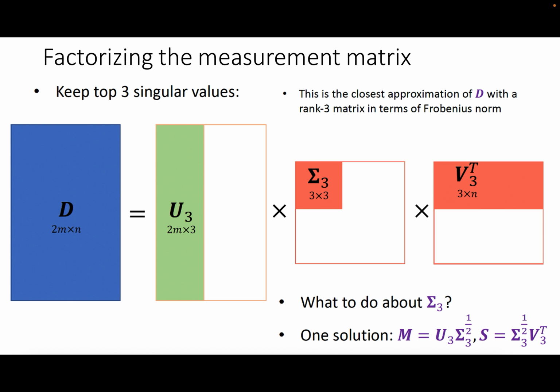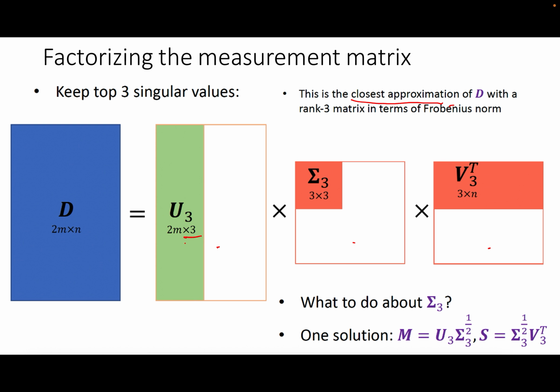This is the closest rank 3 approximation of D in terms of Frobenius norm. So D can be approximated by the multiplication of these 3 matrices.